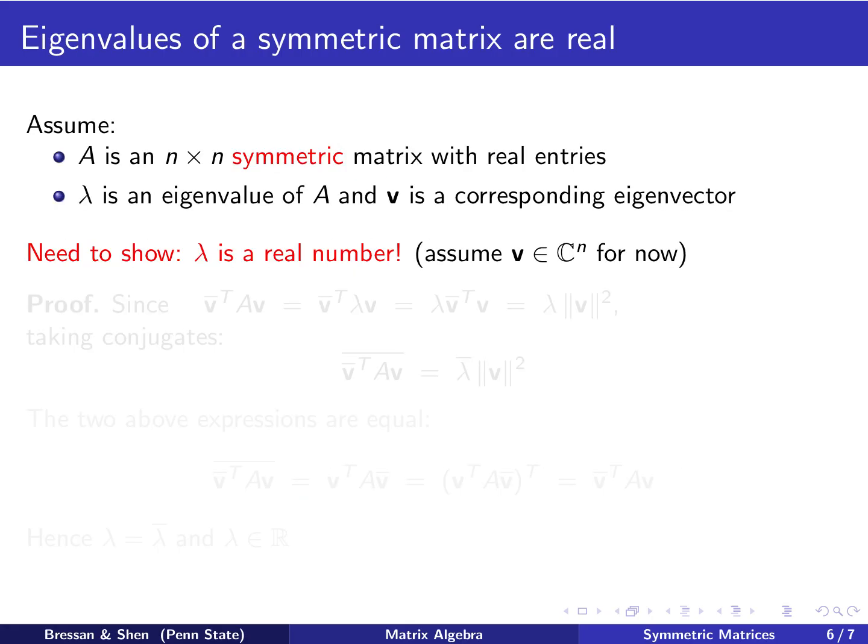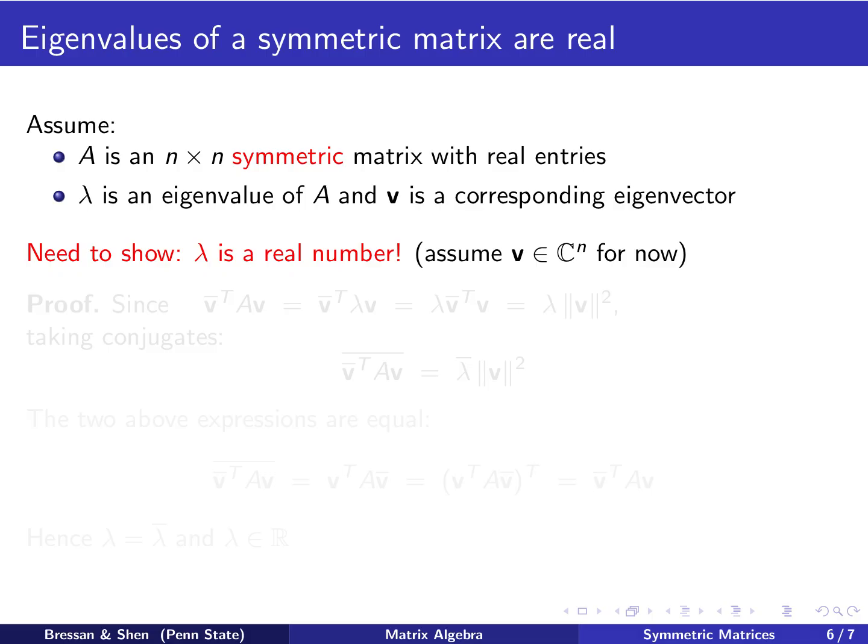So let's treat the claim that eigenvalues of a symmetric matrix are real and try to prove it. So what is the assumption here? We're assuming that A is a square matrix and it's symmetric with real entries, and lambda is an eigenvalue of A and v is a corresponding eigenvector.